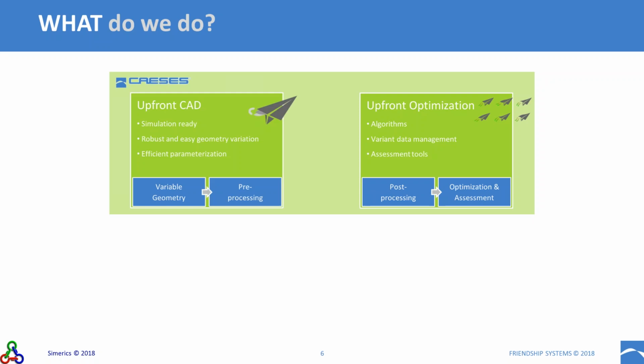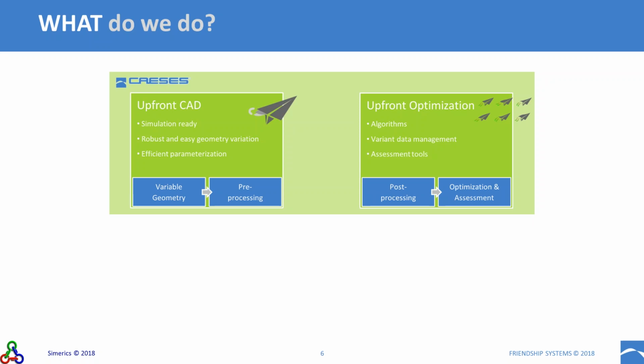The second part of CAESES, and this is probably the most important part, the part that distinguishes CAESES the most from other optimization systems, is a very specialized CAD tool. It's specialized insofar as we focus on providing geometry that is directly ready for simulation.